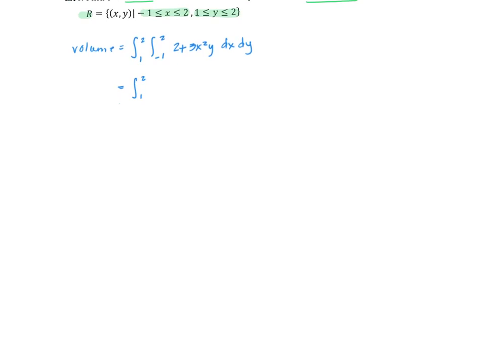The inside integral here is going to be 2x plus x to the third over 3, or 3x to the third over 3, so the 3's cancel, y is constant because I'm integrating with respect to x. And then I'm going to evaluate this from negative 1 to 2.